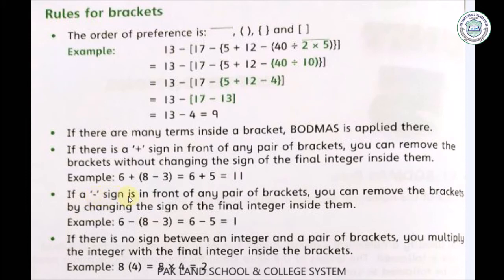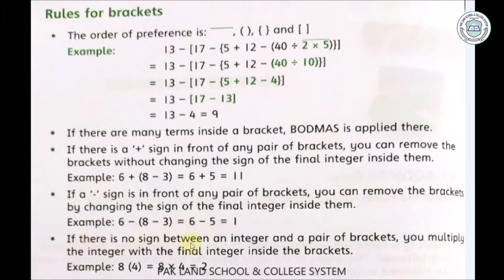If a negative sign is in front of any pair of brackets, you can remove the brackets by changing the sign of the final integer inside them. For example, 6 minus into 8 minus 3 is present and outside of the bracket there is minus, so 8 minus 3 becomes positive 5, and positive and negative sign, minus plus become minus, 6 minus 5 equal to 1.